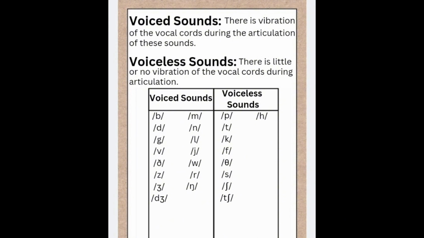It simply means that there is vibration of the vocal cords during the articulation or the production of these sounds. Remember, I said earlier, there are organs of speech responsible for the sounds that humans make.